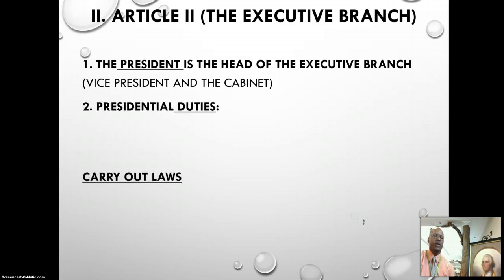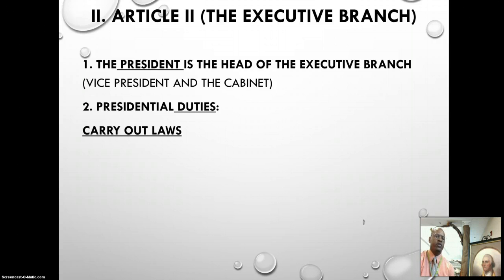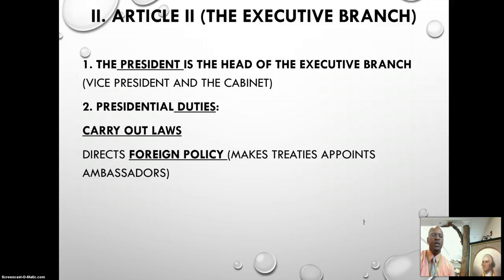Some of the duties the president has are to carry out the law. If the legislative branch passes laws, the president has to execute them or carry them out. He sets up foreign policy, making treaties and appointing ambassadors to other countries, and we're going to look later at how Congress can have a say in this in terms of vetting his appointees, etc.